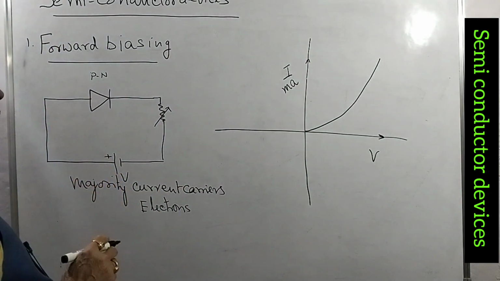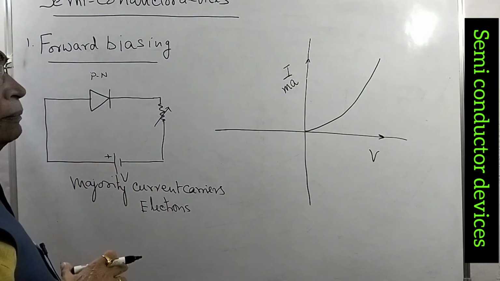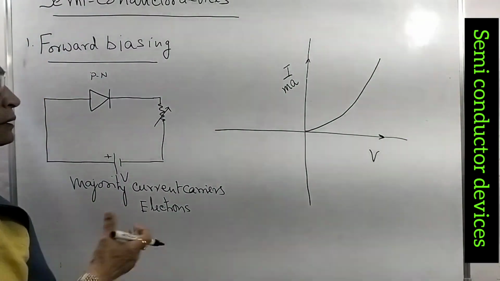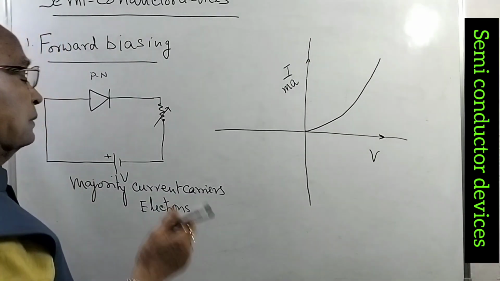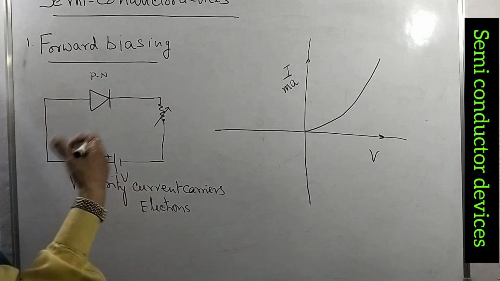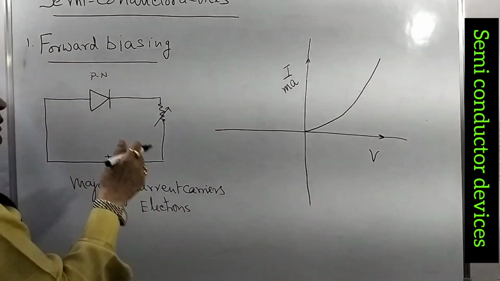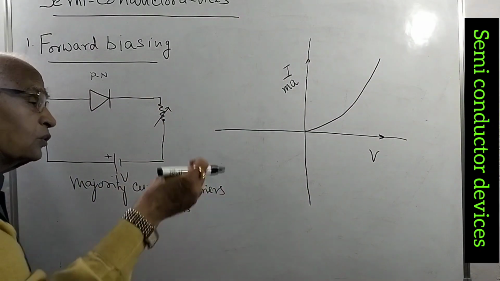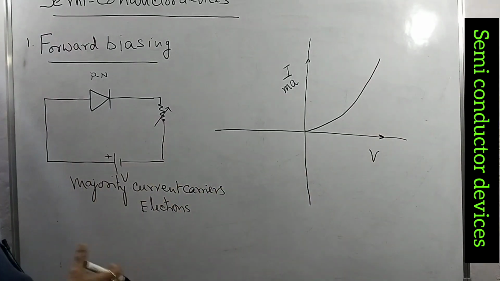Minority current carriers are holes, and majority means you have a fifth group element, say arsenic. Arsenic has 5 electrons. Silicon has 4 electrons. So 4 electrons form covalent bonds and the 5th electron is free to move and flow like a current. A large number of fifth group atoms each making one electron free, so those electrons are available for conduction.